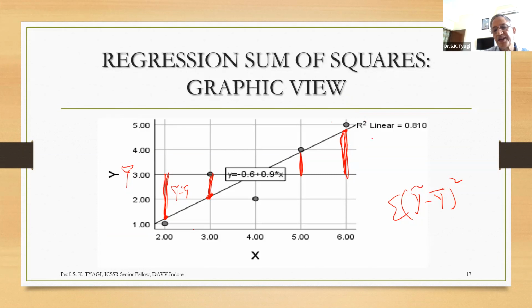But if you make the angle more, then regression becomes more. Suppose the line is here. The predicted value is this, the mean is this. So the distance between the predicted value and the mean increases.